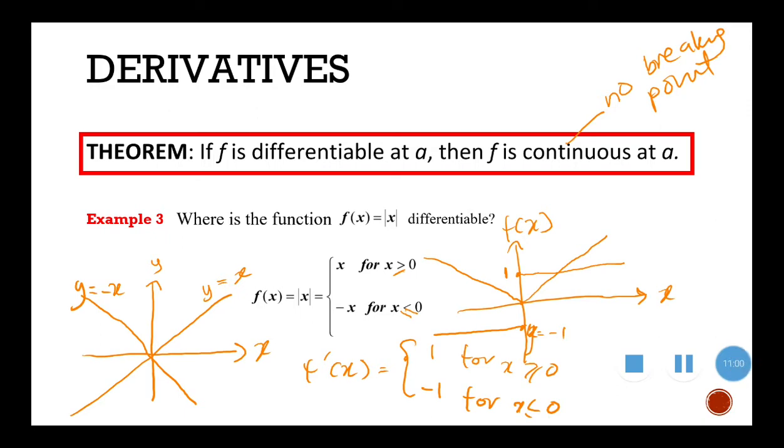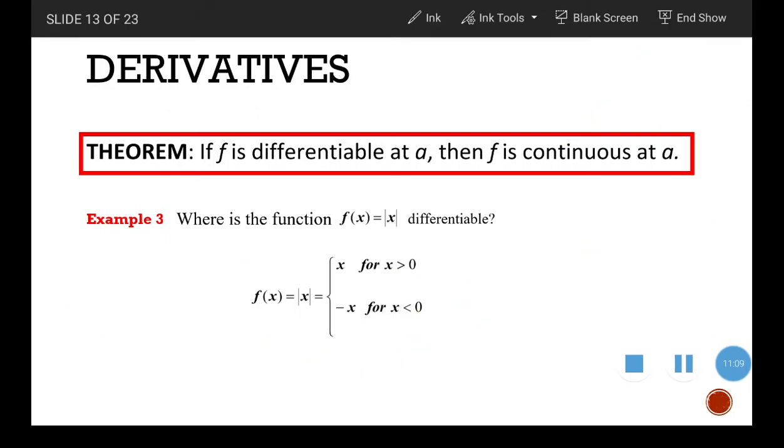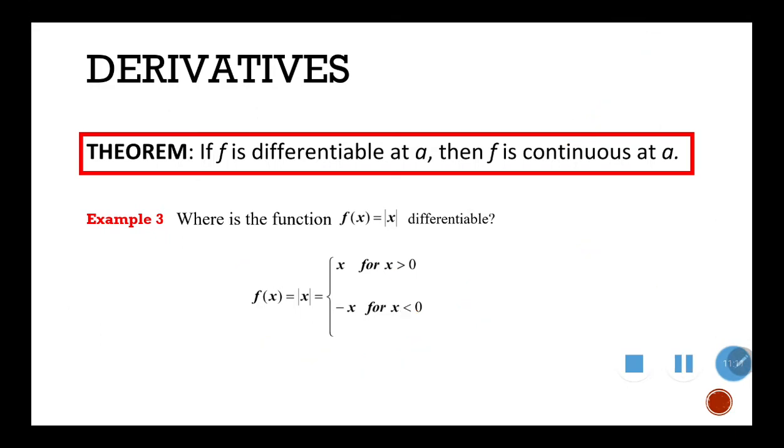It means that for the limit, I try to erase something first here. Okay, we do this again. So this is f prime x, 1 for x larger than 0 and minus 1 for x less than 0.